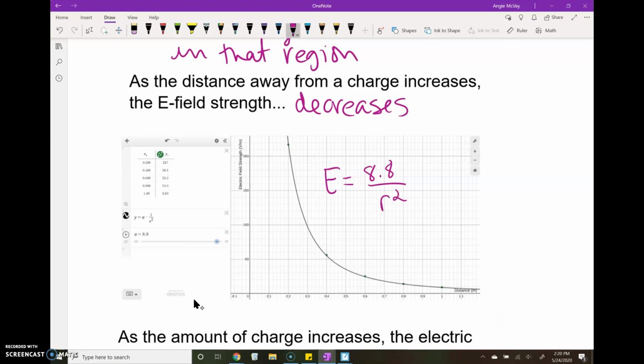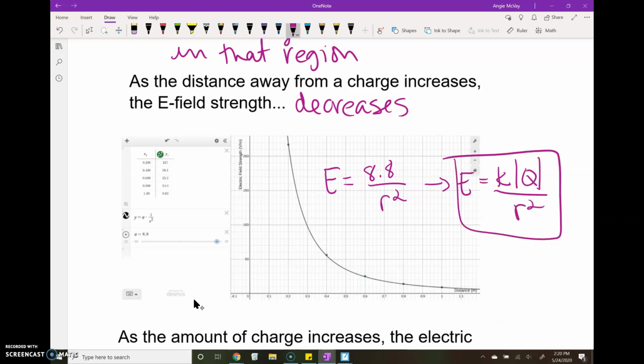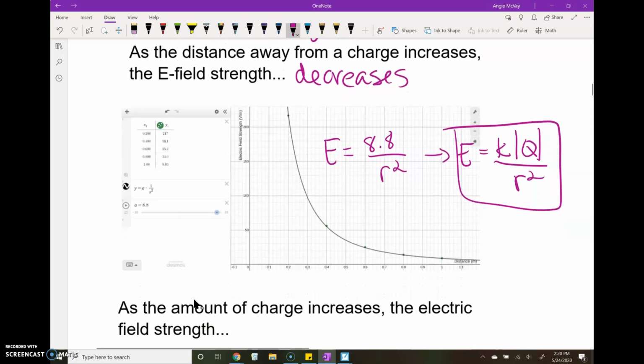Is that consistent with the equation that we've got for electric field strength? Yeah, and we could go through the process of figuring out the value of the charge that was being interacted with, but an inverse squared relationship is consistent with what we've talked about in the past because we've used electric field strength is equal to k times Q over r squared. So as the distance away from a charge increases, the electric field strength decreases.